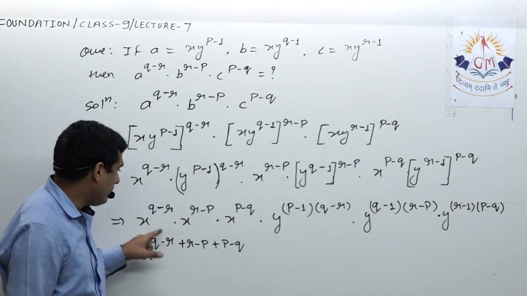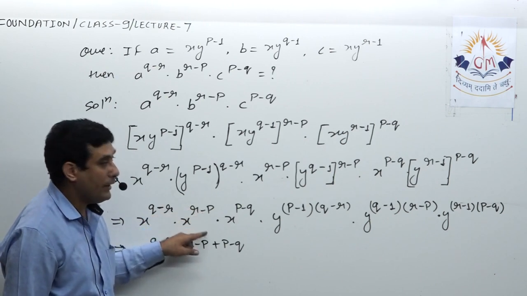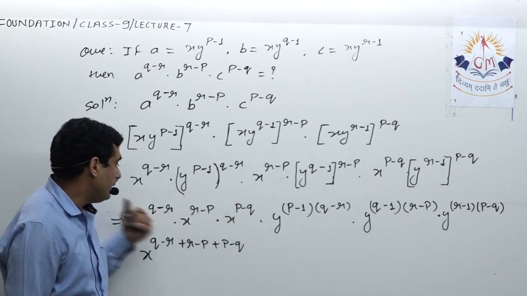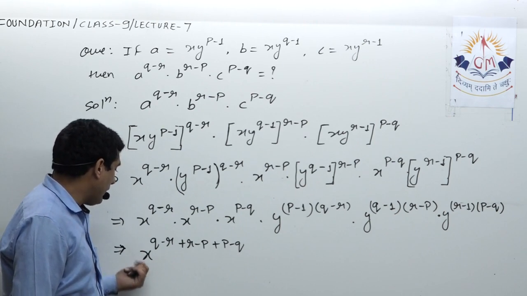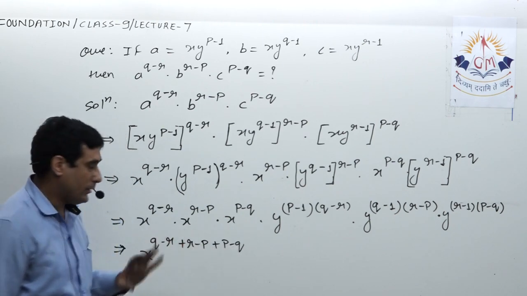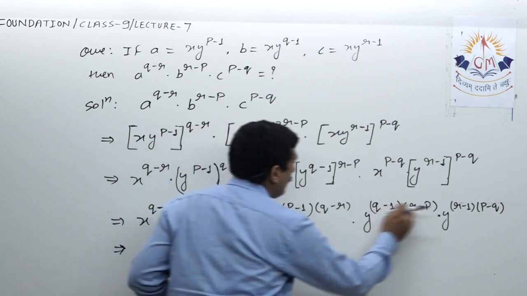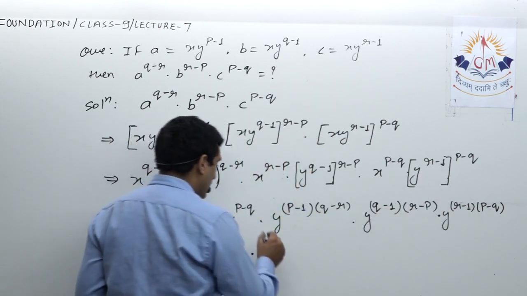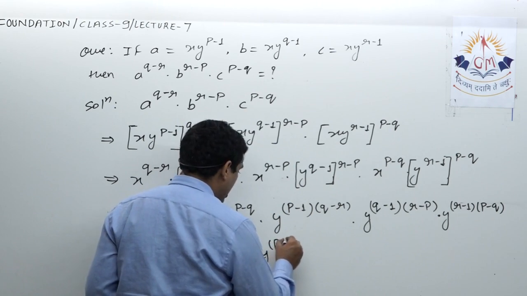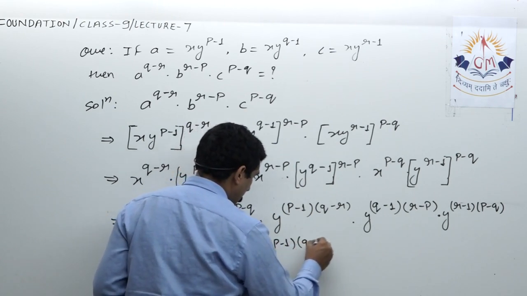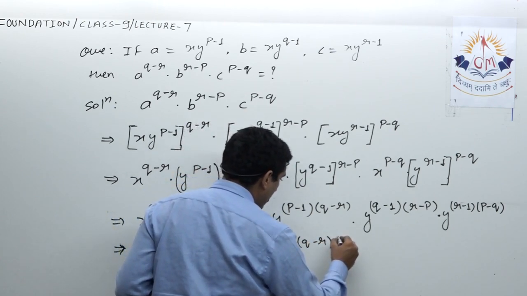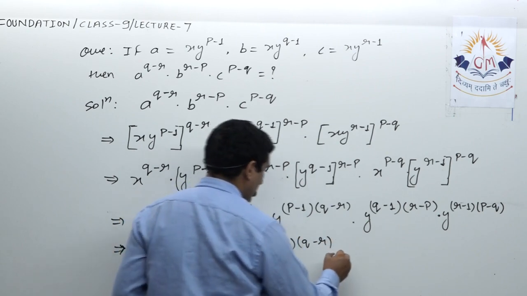First law, x raised to m into x raised to n into x raised to whatever, is equal to x raised to the sum of all the exponents. Now I have to multiply these brackets, but in this step I am keeping it as it is. In the next step, I do this.